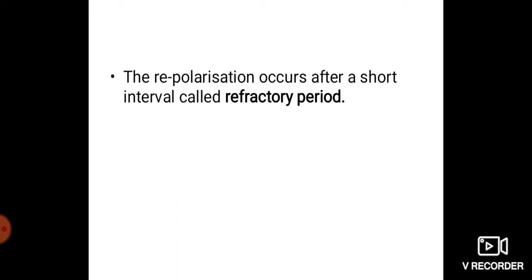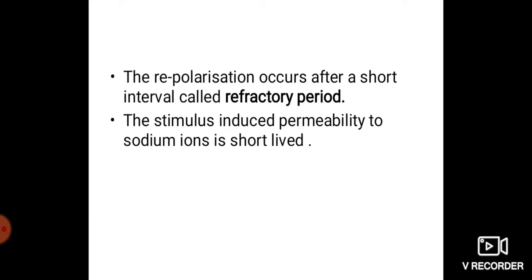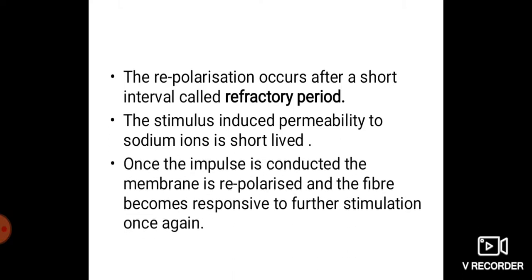The repolarization occurs after a short interval called the refractory period. The stimulus induced permeability to sodium ions is short-lived. Once the impulse is conducted, the membrane is repolarized and the fiber becomes responsive to further stimulation once again.